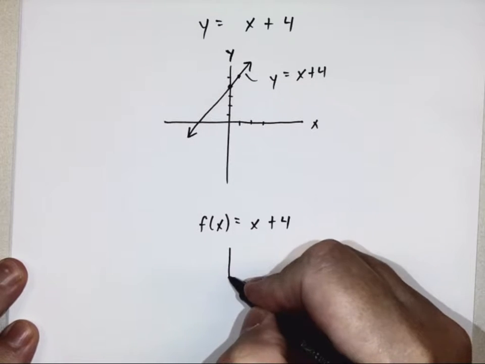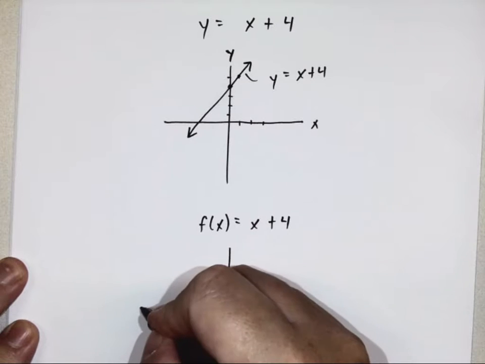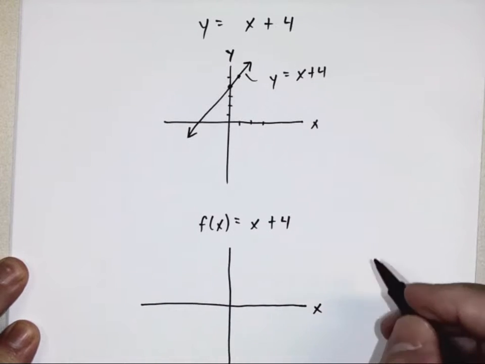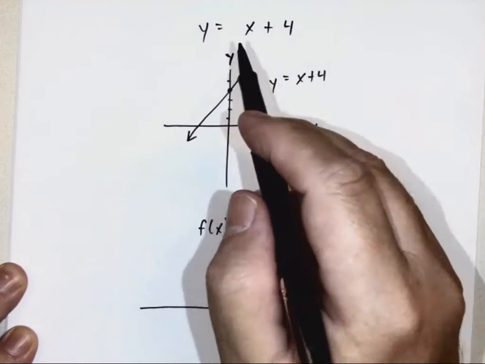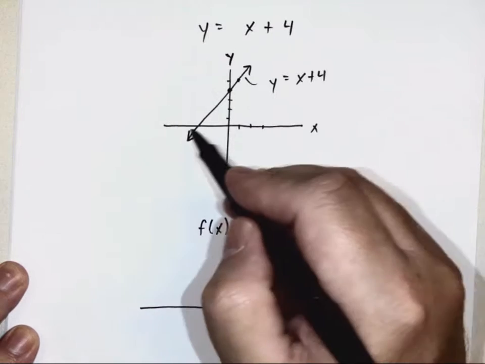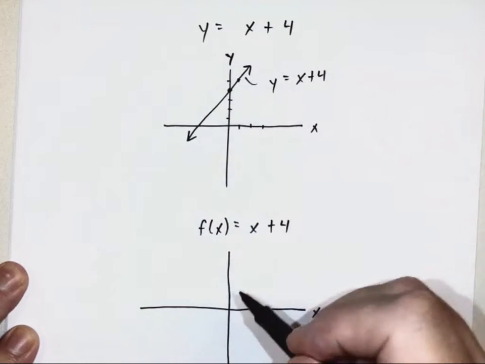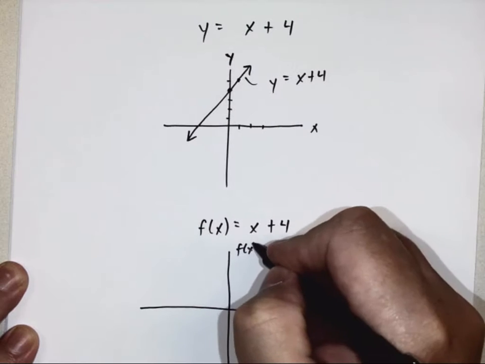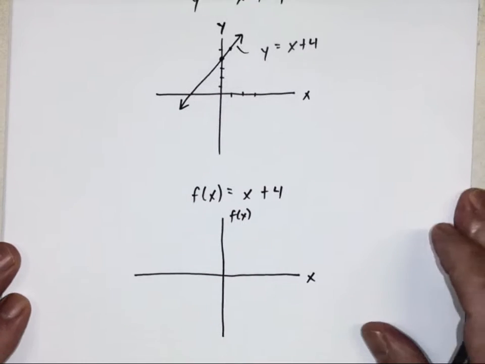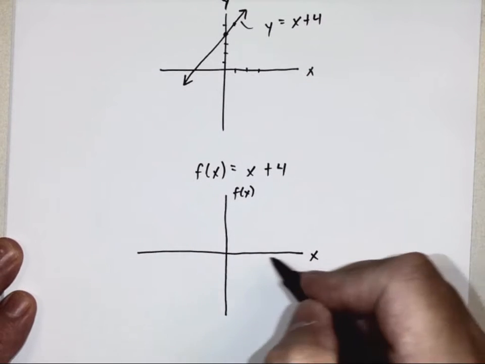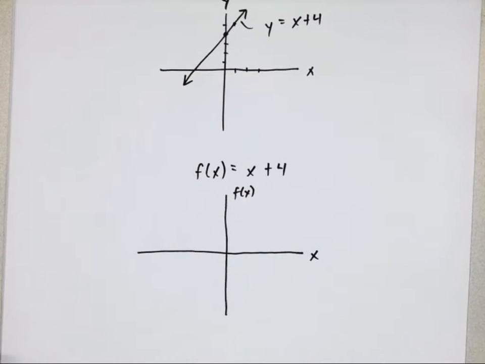Well, it's basically very simple. All you're doing up here, the vertical axis is your y, the horizontal axis is your x. Well, in this case, the vertical axis now just becomes f of x. We say the vertical axis is your function, and of course the horizontal axis is still x.